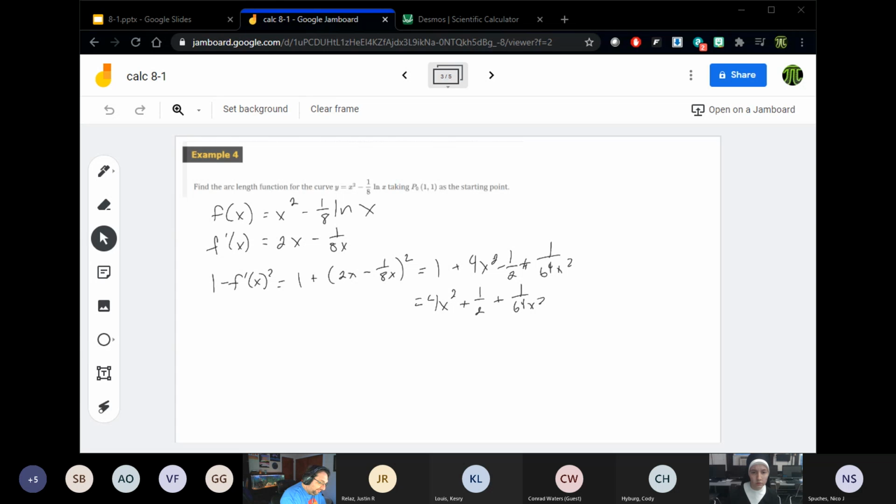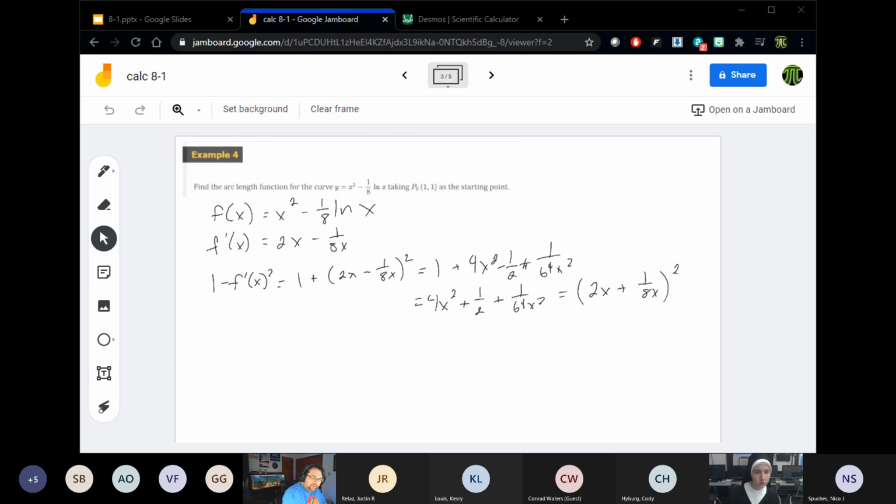The 4x squared is (2x) squared, and the last one is (1 over 8x) squared. If you multiply those out, you get the 1/2 in the middle, which works out nice. It doesn't always work. Sometimes we have to do a little more calculation, but they pick examples that work out pretty nicely most times.